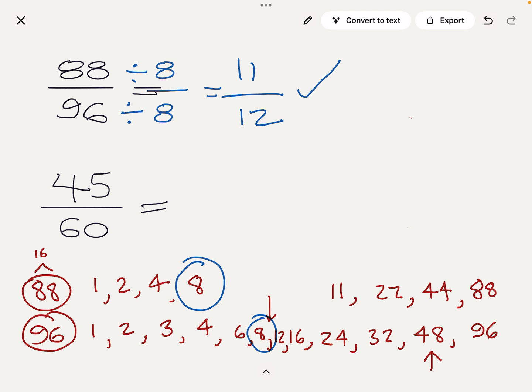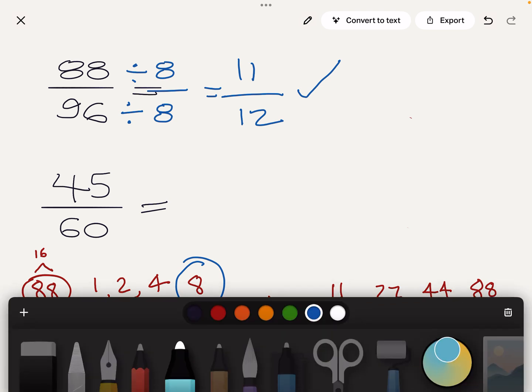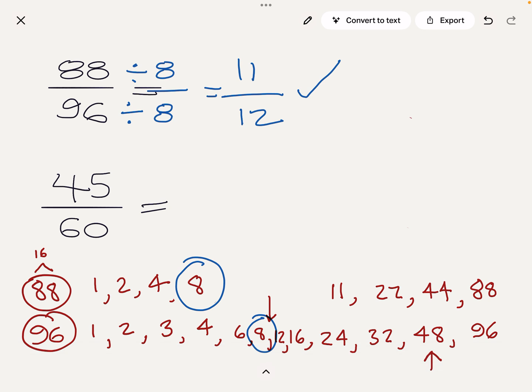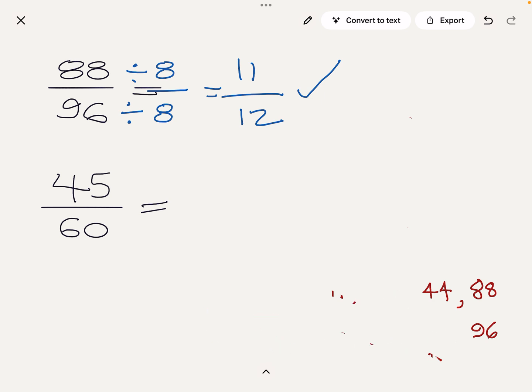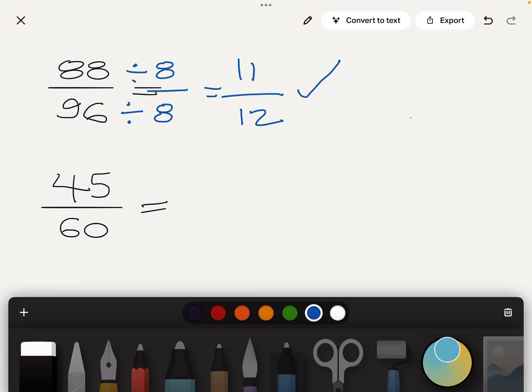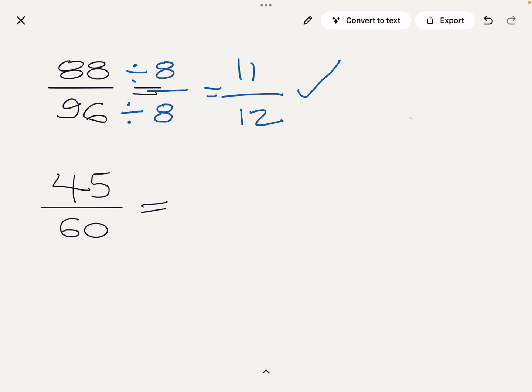So hopefully this one here will be a little easier to do. I'm going to erase this stuff here at the bottom so we can factor 45 and 60. We can find the greatest common factor for those two numbers. So as I'm erasing, start thinking about those two numbers and the factors that we already know they have in common.